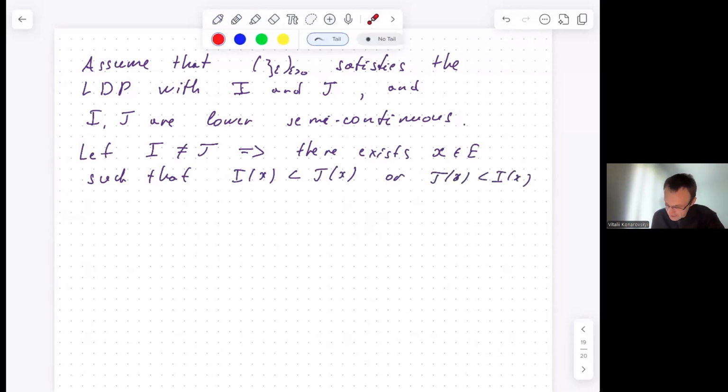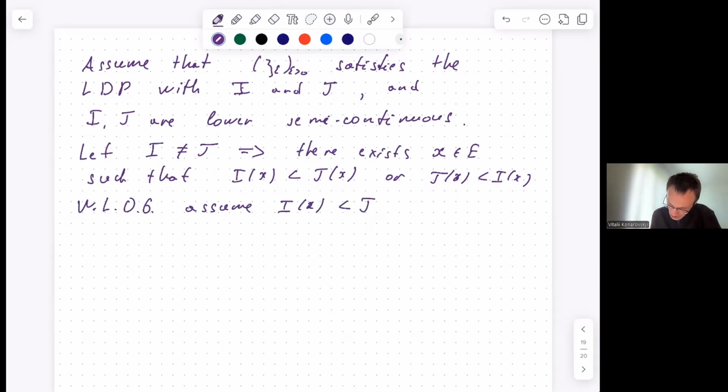And of course, it is clear that it is enough to consider only one case, because the other case is similar. You just need to interchange both functions. So therefore, let's focus on that part. Without loss of generality, assume I of x is less than J of x. And now we want to obtain the contradiction.